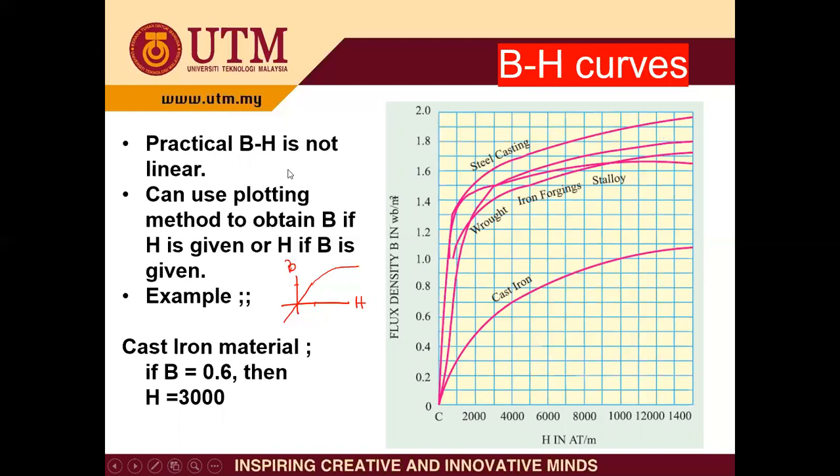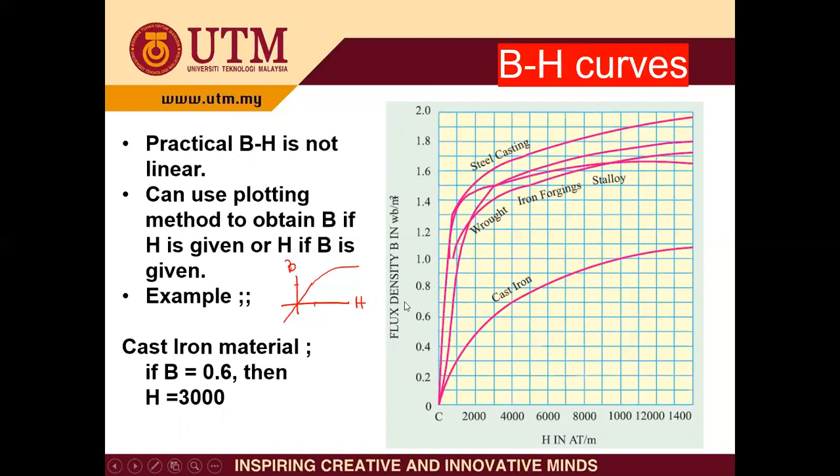That is why, in calculations to determine B or H, they will provide this graph for different types of ferromagnetic materials.